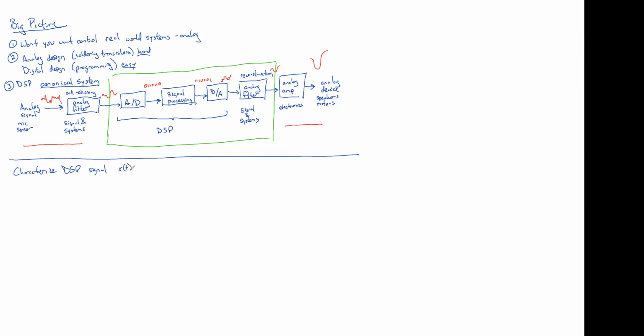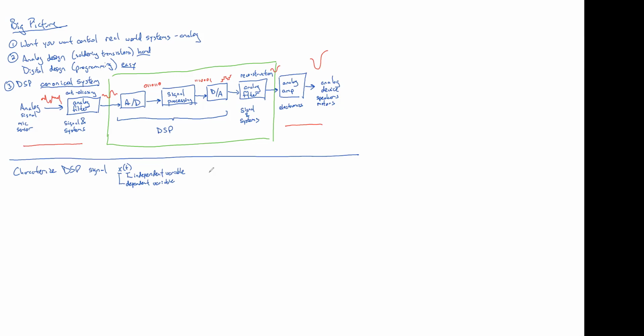In continuous time, it has this part, which is our independent variable, our time variable, and it has our output, which is our dependent variable.